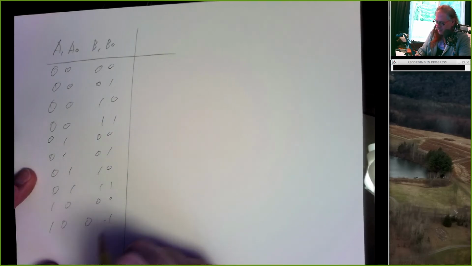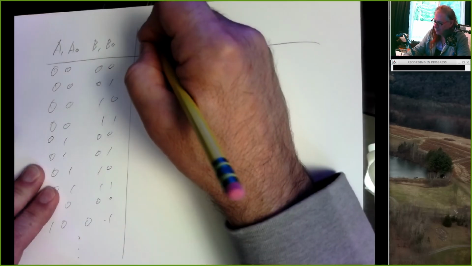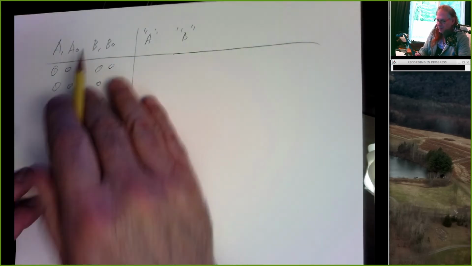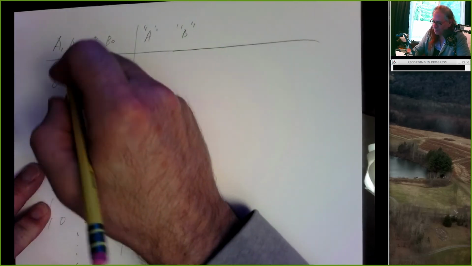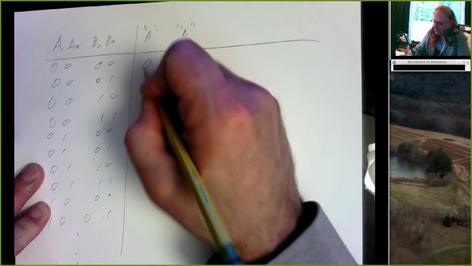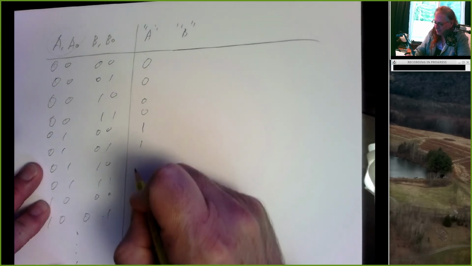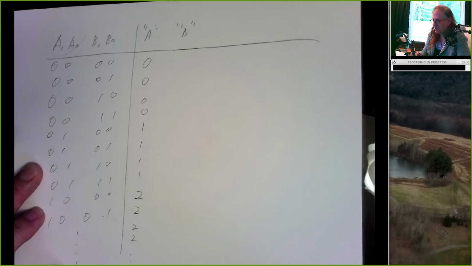I ran out of space as usual. So I'm going to have 16 rows here, right? In these top 4 rows, my value A is 0. In the next 4 rows, my value of A is 1. In these next rows, my value of A is 2, and so on.